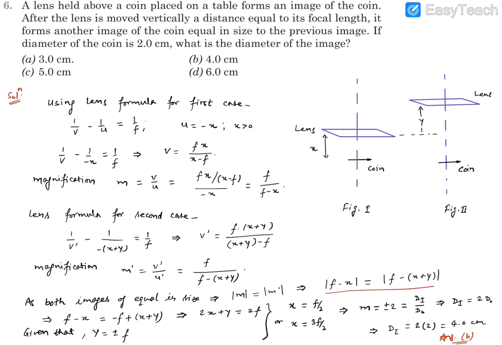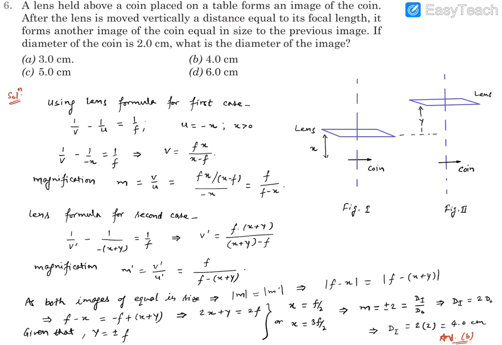If you consider the plus on both sides, then you'll find it will say y equal to 0. That means you are not shifting at all, but we are shifting definitely. So we will not take the case when both are positive. We will take the case when one is negative. So we can open like this, and then from here we get 2x plus y is equal to 2f. The question further gives us that it was shifted by an amount equal to focal length.